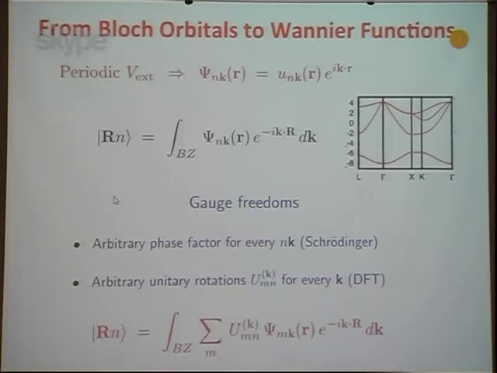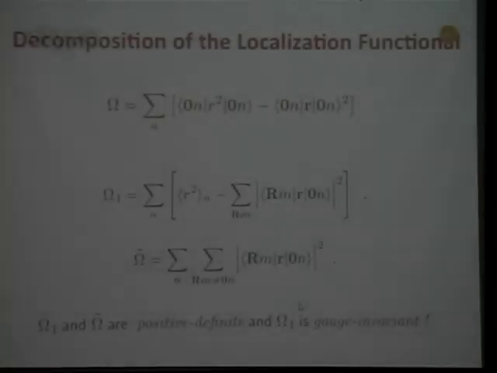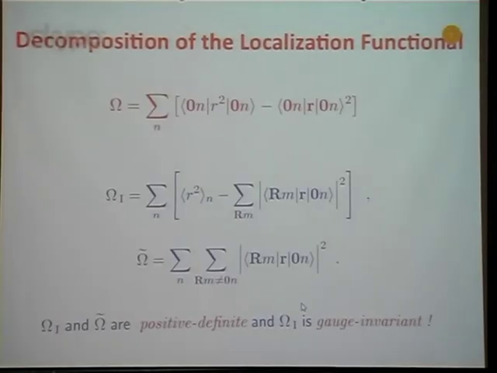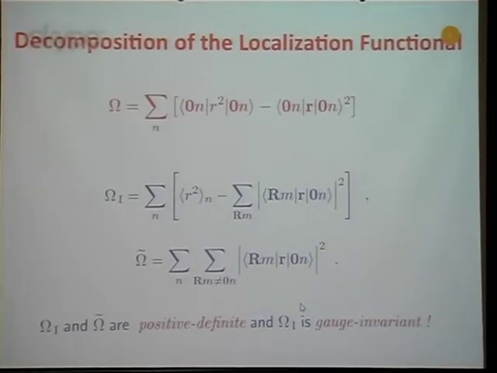So my generalized Wannier transform, omega tilde, that's just trivial. I'm adding and subtracting the same term, but you can see right away that omega tilde is positive definite, and that's very easy because it's just the sum of positive terms. And one can demonstrate that omega I is also positive definite.